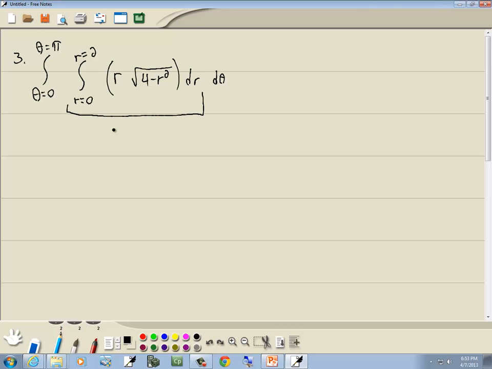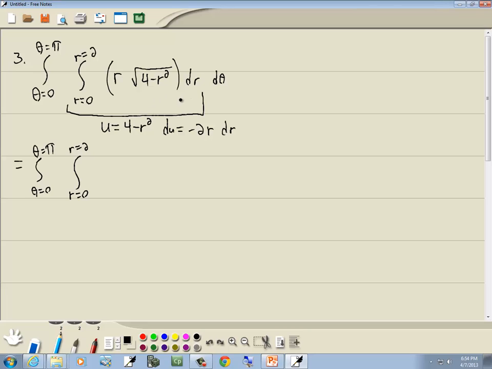Well, I'll do the inner one first. If we look, u equal to what's inside the radical, we got u is equal to 4 minus r squared. Du, the 4 goes away, derivative of negative r squared is negative 2r dr. So then this becomes theta is equal to 0 to theta is equal to pi. I'll leave these in terms of r's. Some people like to switch them to u's, but that's up to you.